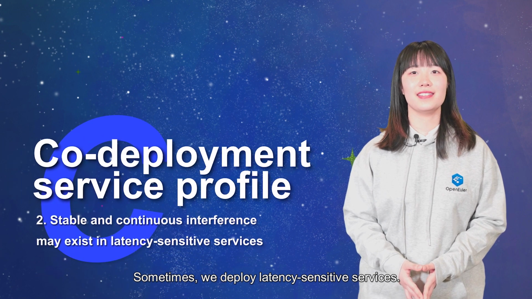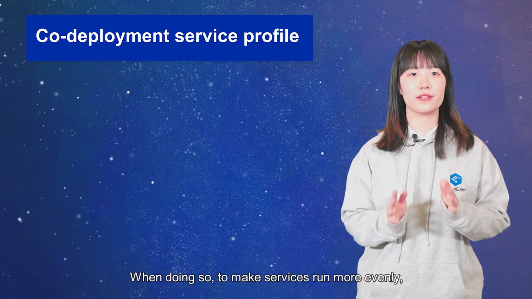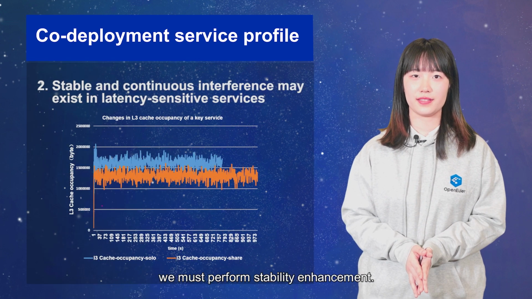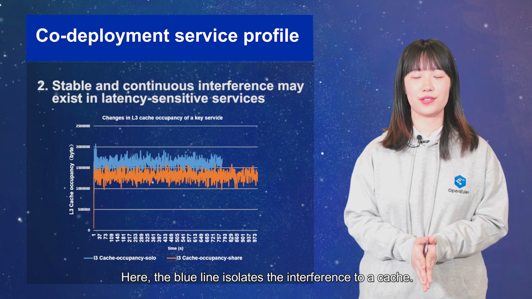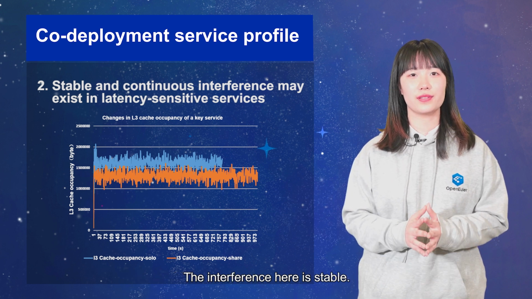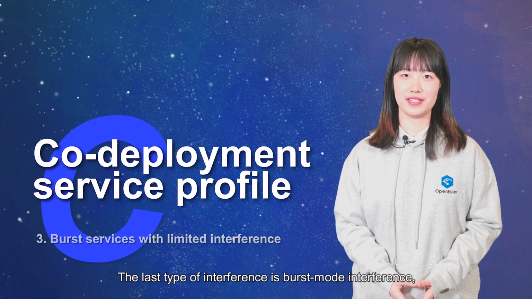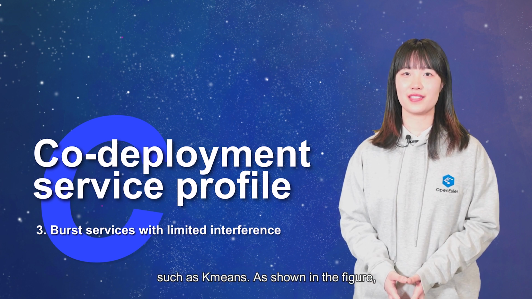Sometimes we deploy latency-sensitive services. When doing so, to make services run more evenly, we must perform stability enhancement. Here, the blue line isolates the interference to a cache. The interference here is stable. The last type of interference is burst mode interference, such as k-means.